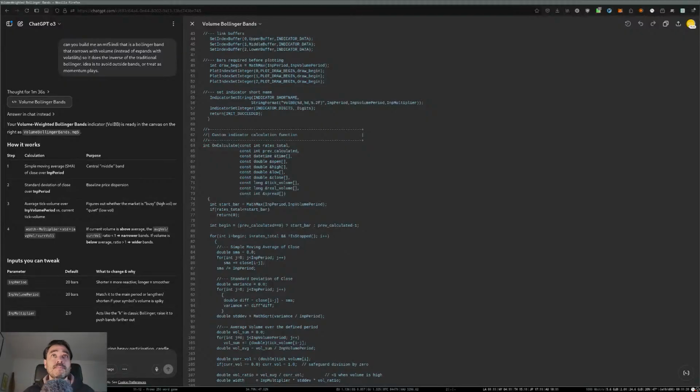All right. The idea here is that I build a quick indicator in MT5. Now, unfortunately, I bought 2 monitors to do this kind of thing.